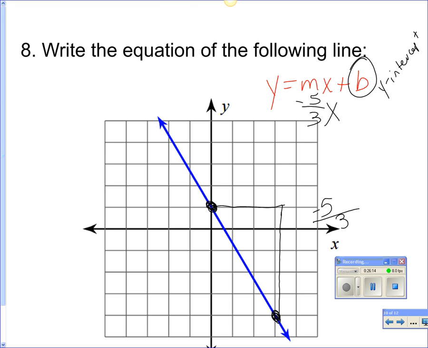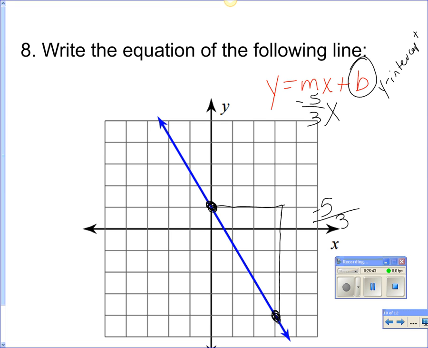Where is it crossing the y at? So here's the y.